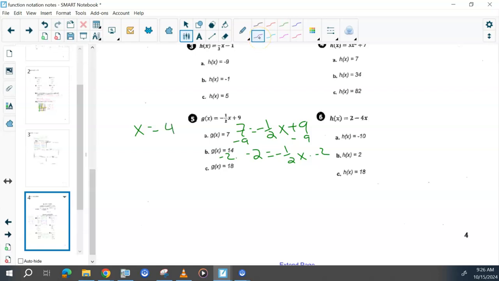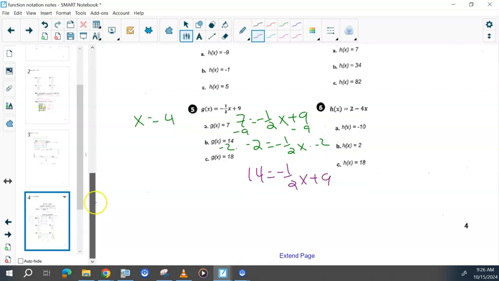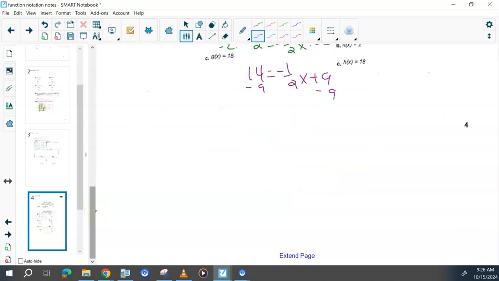Now that we know how to solve it, we're going to do the same methods but with the other 2 y values. So set this equal to 14. And we're just going to do the same process. Subtract 9. And multiply both sides by negative 2.